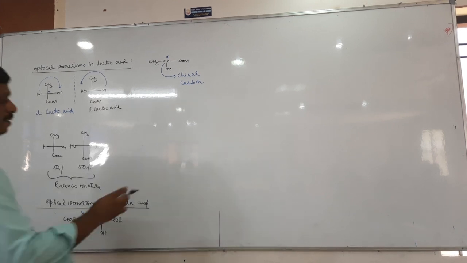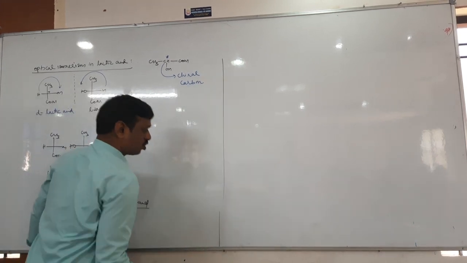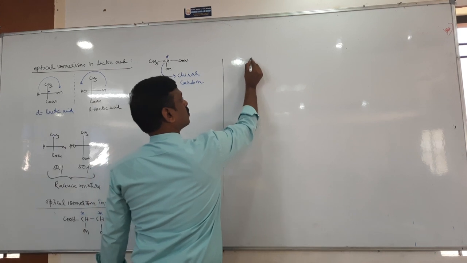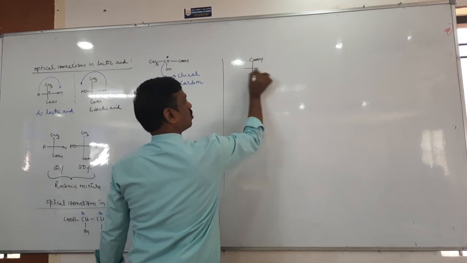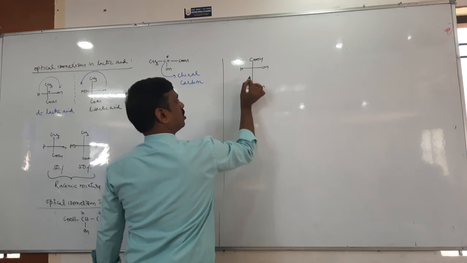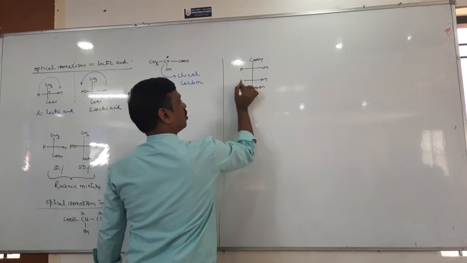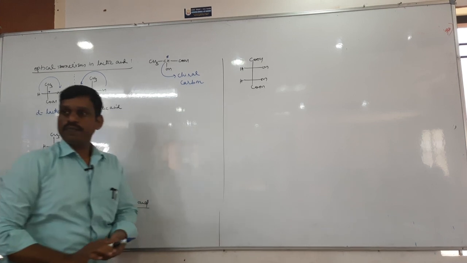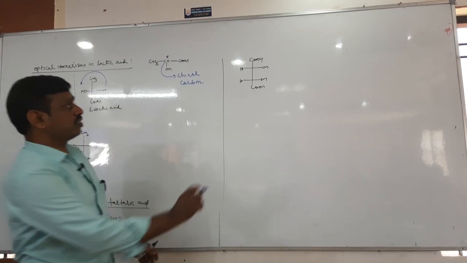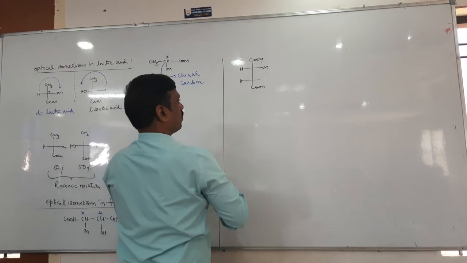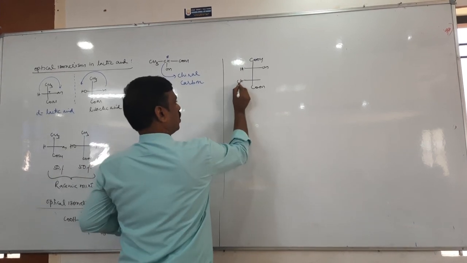Now let us write the structure of tartaric acid. COOH, COOH, OH, H, OH and H. Tell me whether it is D tartaric acid or L tartaric acid. No, wait, I'll write OH here, H here.